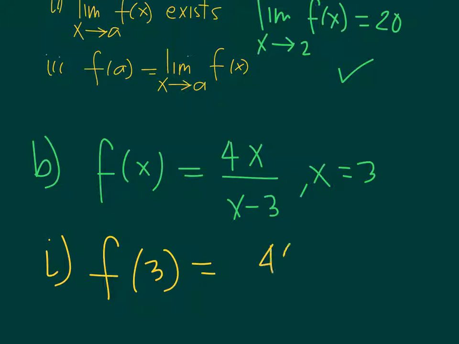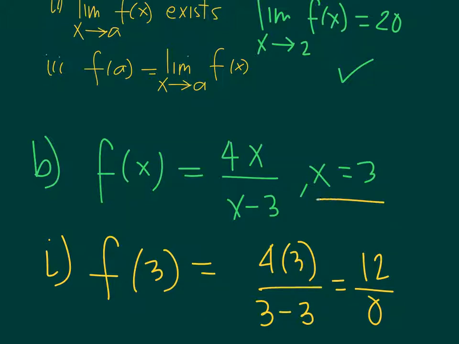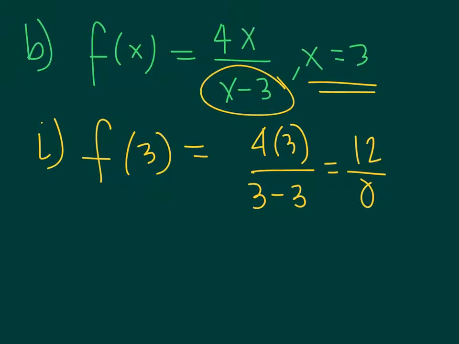That's 4 times 3 over 3 minus 3, which is 12 over 0. Undefined. The value does not exist. Actually, x equals 3 was chosen because we can see in the denominator that it will be undefined, even just by looking at the denominator. So the first one failed. You immediately say it is already discontinuous.